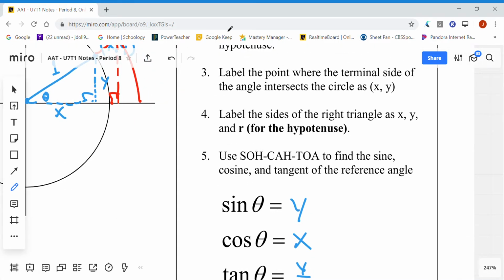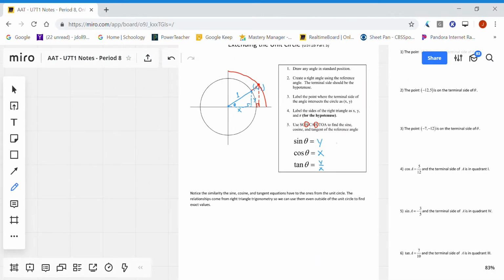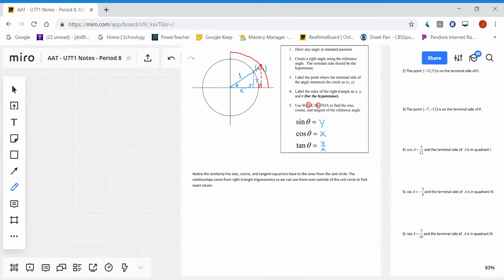The hypotenuse, the radius, which we didn't have to worry about in our trigonometry because it was 1, we now have to take into account. So what we're going to be doing in these notes is learning how to work with our trig expressions with right triangles inside our circle when our radius is not 1. In other words, we're making our unit circle bigger. How do we still work with sine, cosine, and tangent?